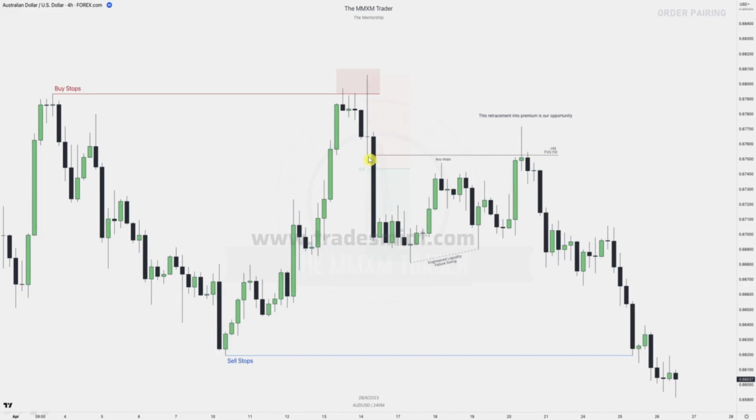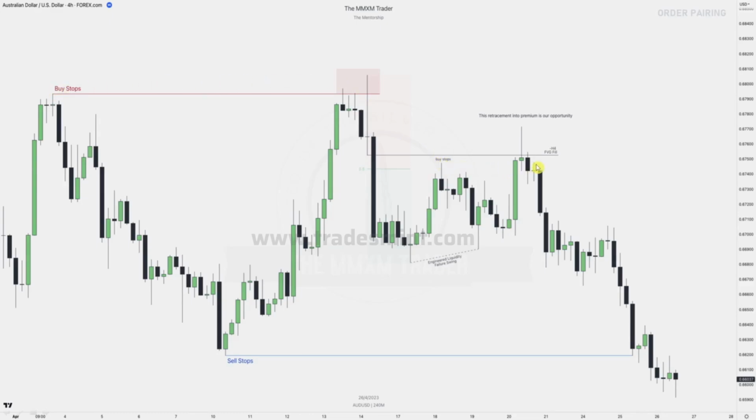We've got this 4 hour fair value gap, right? Draw out your premium and discount levels. That's very important. We take this low into this high, then equilibrium, or the middle of the range, is over here. Again, pairing up our sell orders with buy stops, just like we did over here.